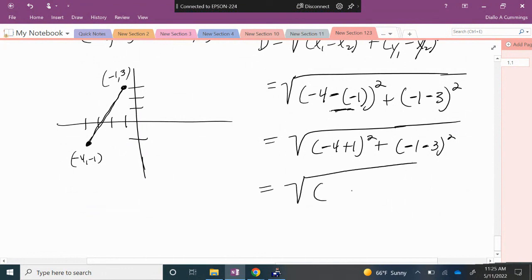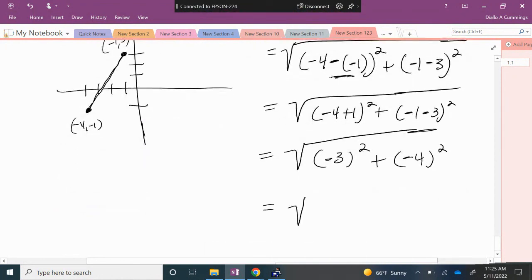I'm going to keep this square, because I'm not squaring anything yet. -4 plus 1 is -3, so I have -3 quantity squared plus -1 minus 3, which is -4, quantity squared.